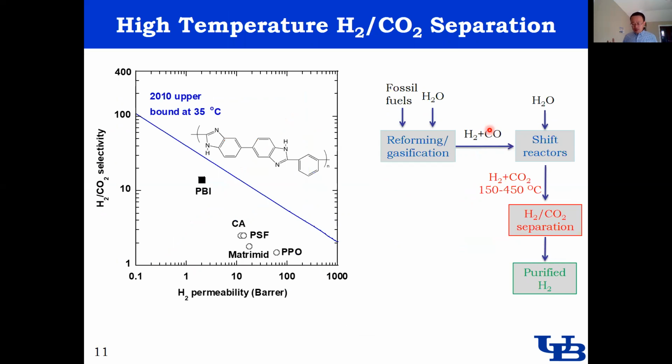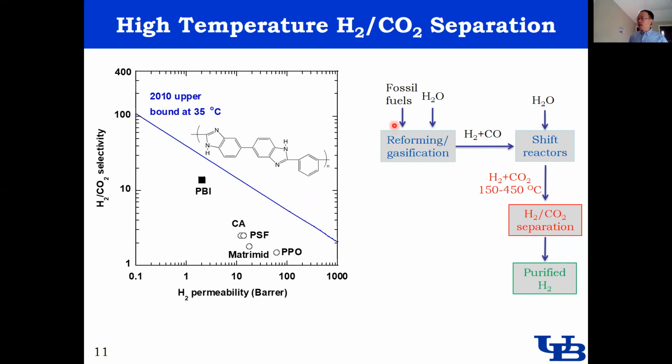The next part is I'd like to take an example of this hydrogen over CO2 separation. So we've actually been looking at this application for a while. And one of the reasons is if we could have this separation, we could make hydrogen with minimized CO2 emissions.